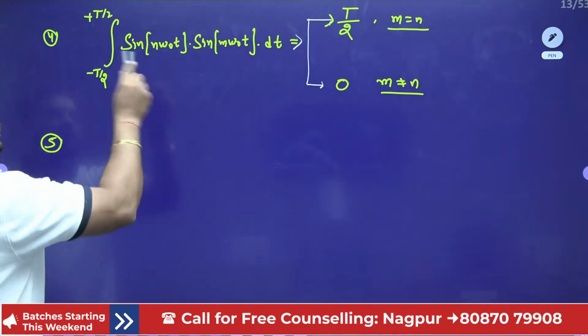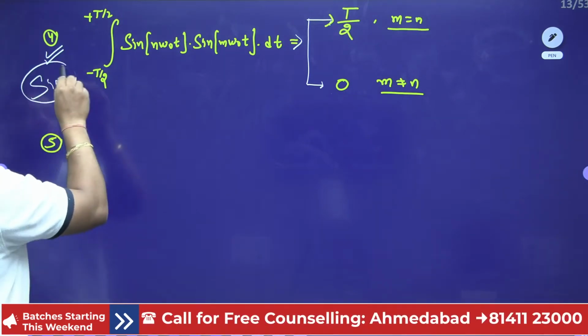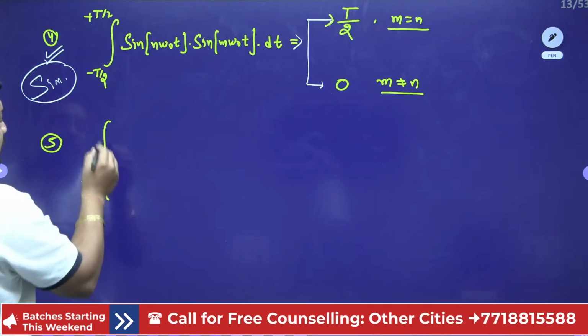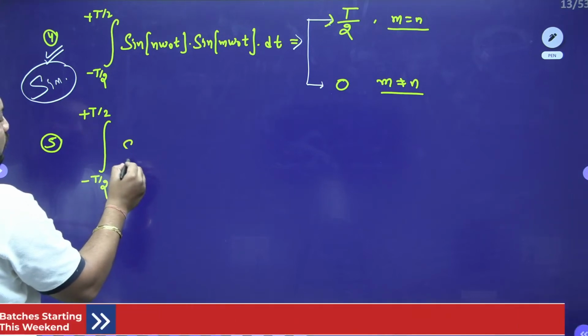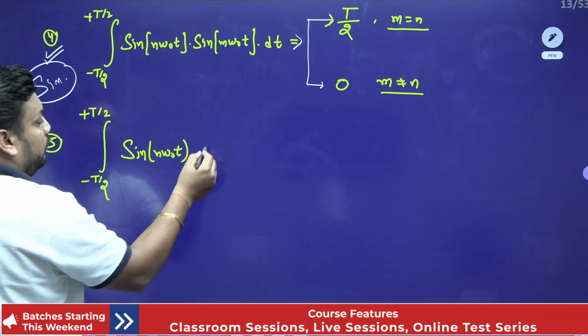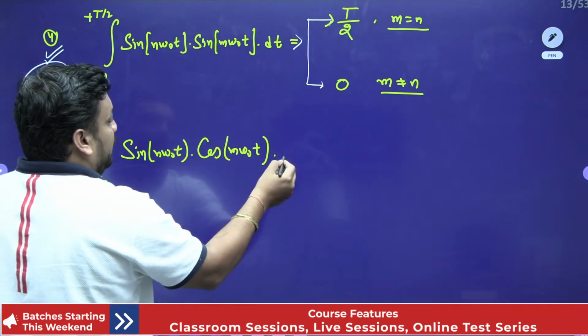I think this fourth property is crystal clear because it is similar to the third property. Now the fifth property is what? Do reply beta. Integral from minus T by 2 to plus T by 2. Should I write here, one is sine of n omega 0 t and one is cos of m omega 0 t, and dt.